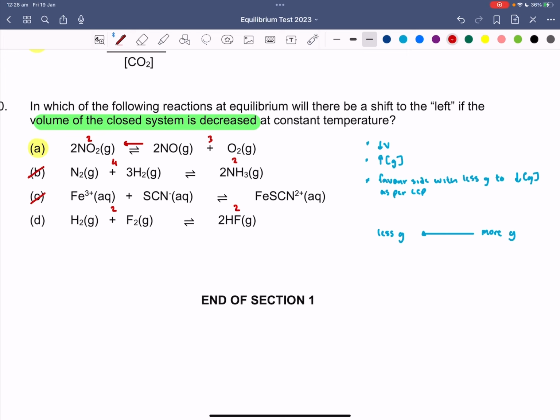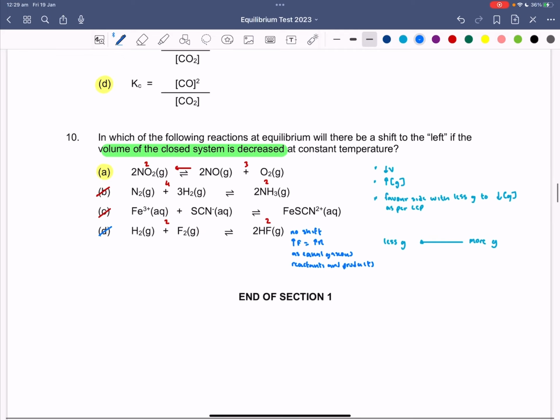If there's an equal number of gases on both sides, there will be no shift in the position of equilibrium because the increase in the forward reaction rate will equal the increase in the reverse reaction rate, as there are equal gaseous reactants and products. So that's why the answer was not D. The answer is A.